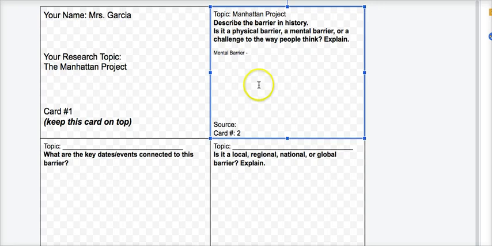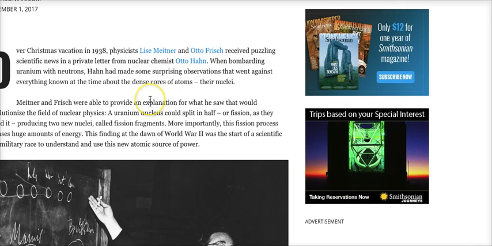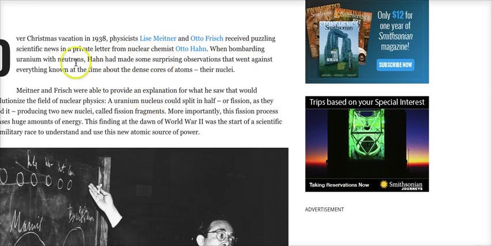So I'm going to go back to the question. So it's a mental barrier. Before 1938, scientists did not know that if you bombard the nucleus of an atom with, what did they use? I gotta go back. When bombarding uranium with neutrons.